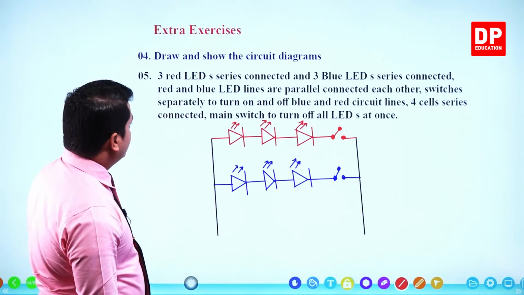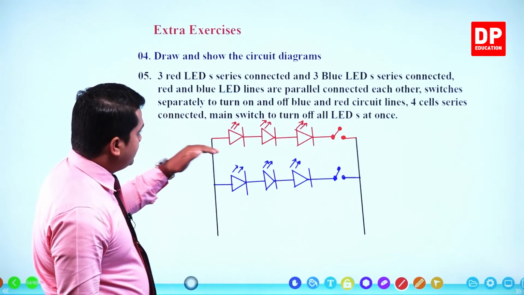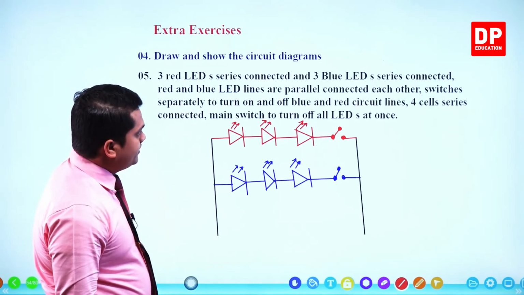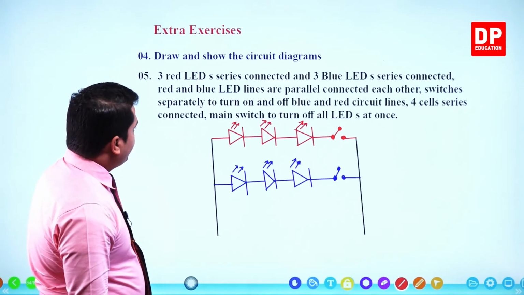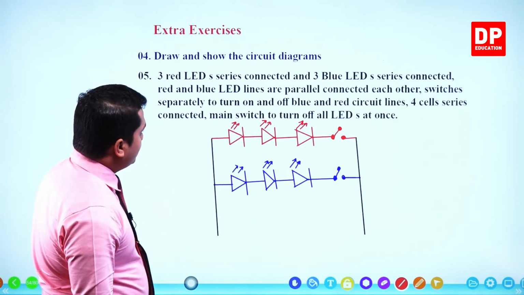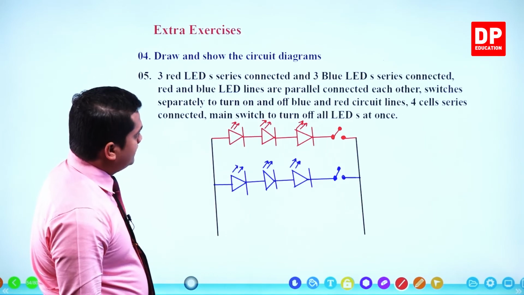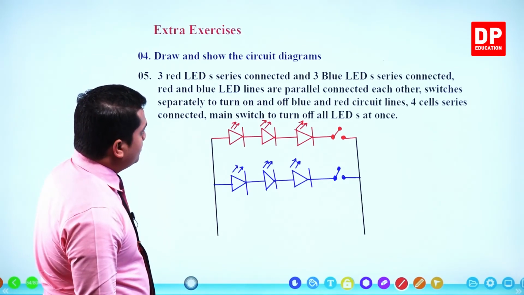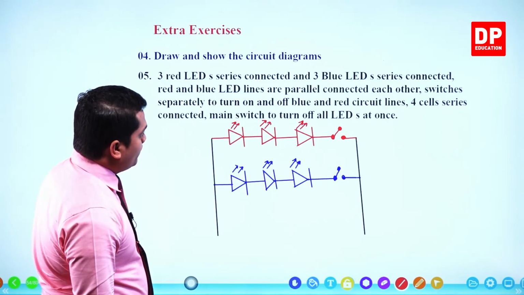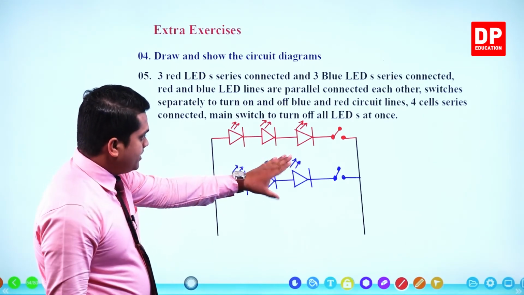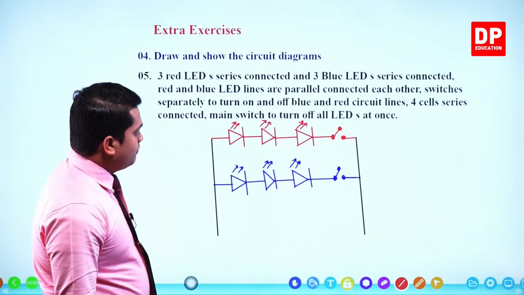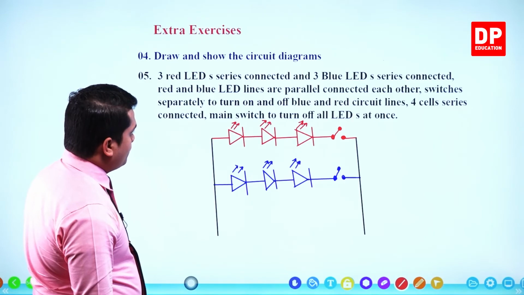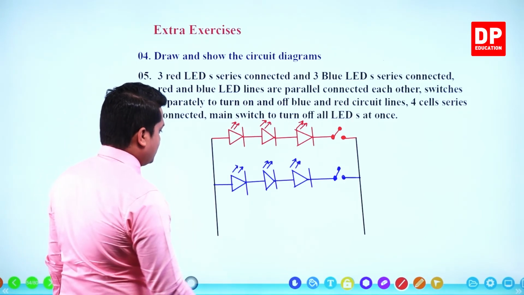Okay, now 3 red LEDs series connected, done. 3 blue LEDs series connected, done. Then red and blue LEDs are parallel connected, done. Switches separately turn on and off blue and red circuit lines, done. 4 cells series connected, main switch to turn off all LEDs at once.